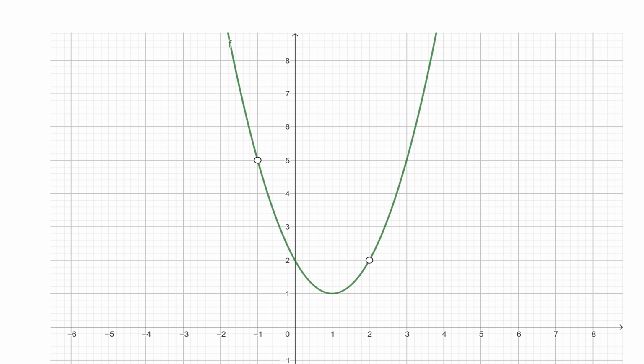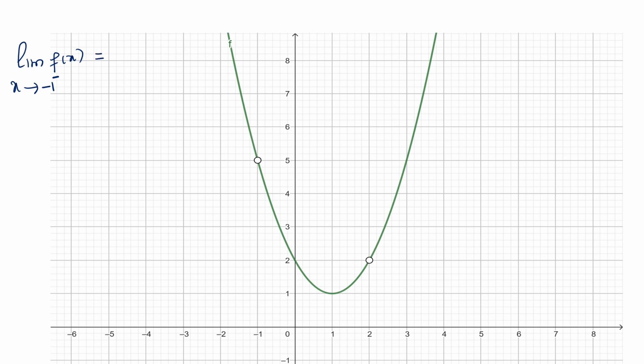In this example, we have to see what the left limit of f of x is at x equal to minus 1. Our limit is x tends to minus 1 from the left side, minus f of x equal to, what is the value?